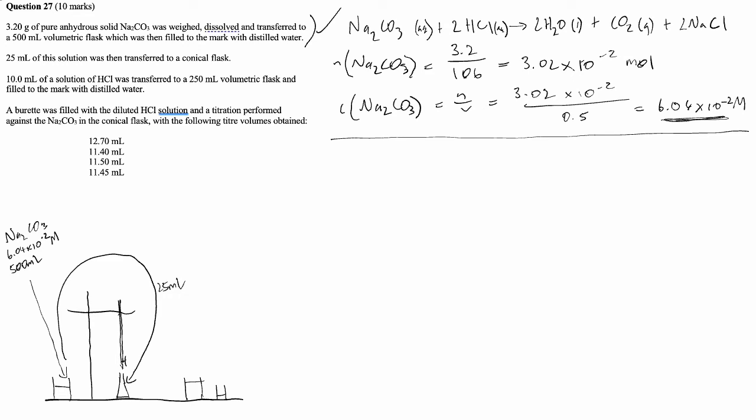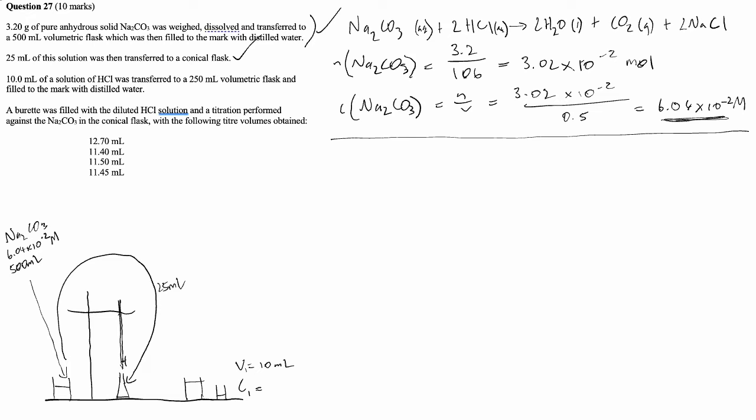Next, 10 ml of a solution of HCl. This little beaker down here on the right, let's say this is volume 1, and it is 10 ml. We don't know the concentration of this first solution yet, so we're going to leave that blank. So 10 ml was transferred to 250 ml, filled to the mark with distilled water.